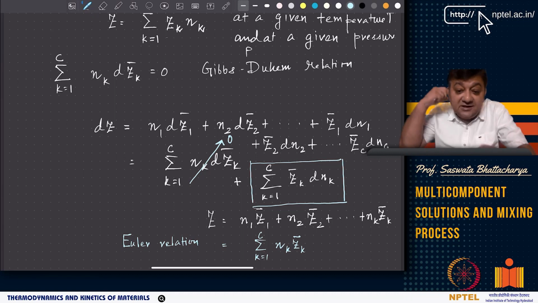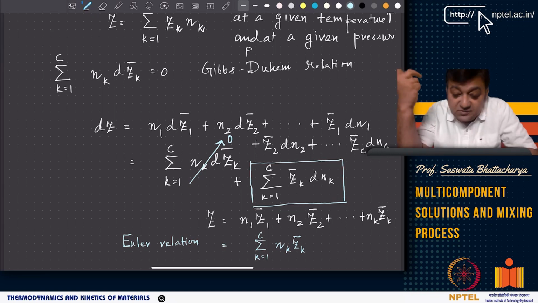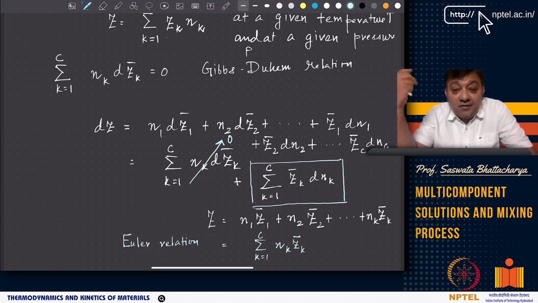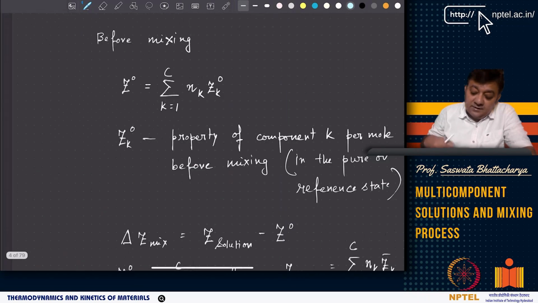For example, G equals H minus Ts plus mu i Ni. Now if you think of constant pressure and temperature, then G you can basically write as sum of mu i Ni, where mu i is the partial molar free energy of component i, or chemical potential of component i. As I told you previously, the chemical potential of a component is nothing but the partial molar free energy of that component in a solution, right?